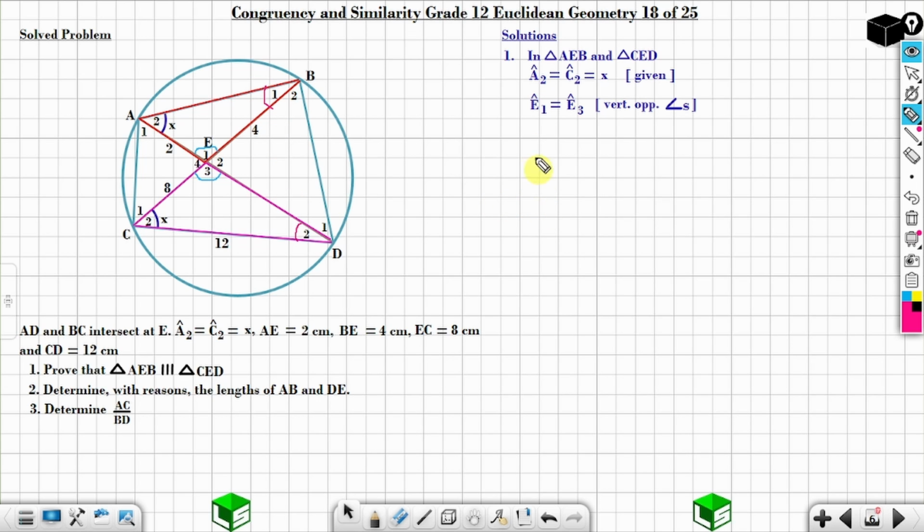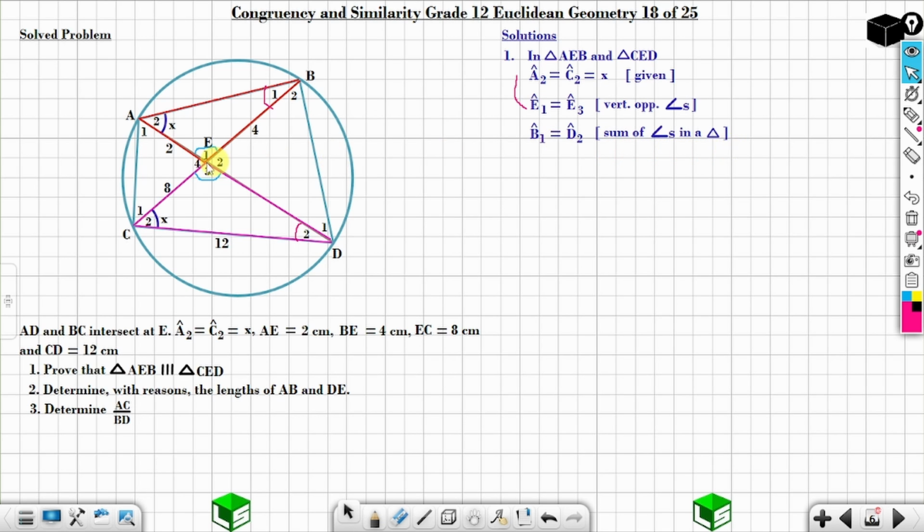If you can prove 2 pairs, automatically the third pair of angles are going to be equal. Okay, so angle B1 is equal to angle D2. The reason is sum of angles in a triangle.